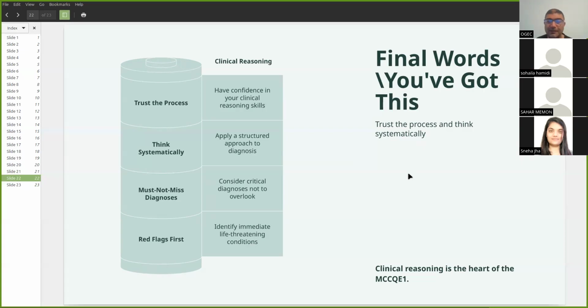If we use it in the exam, we will definitely pass, because there will be no room for any mistake if we just go systematically. We use the red flags, the differential diagnosis, and then we can choose the best next step.